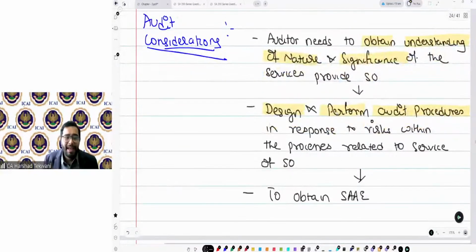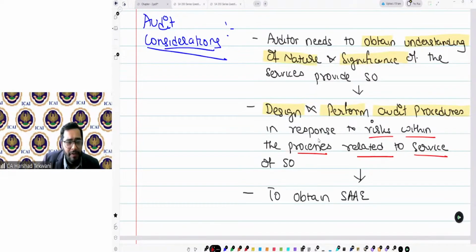Second, design and perform audit procedures in response to risk, again risk within the process related to the service of the service organization. One such audit procedure is to obtain the evidence from a type 1 or type 2 report.